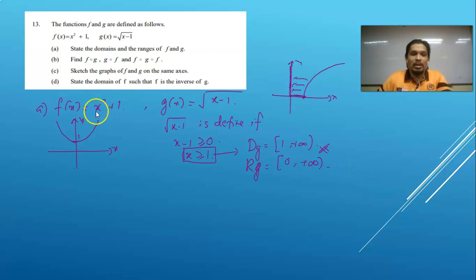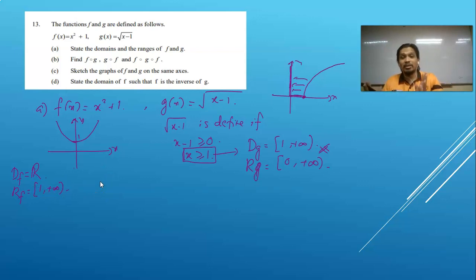Okay class, for this one, since the question did not mention the value of x for this, I assume that the domain of this function x squared plus 1 in general is all real numbers, and then the range of f is 1 to positive infinity.